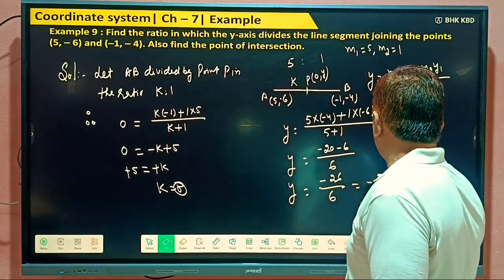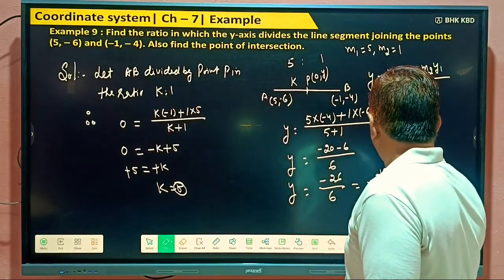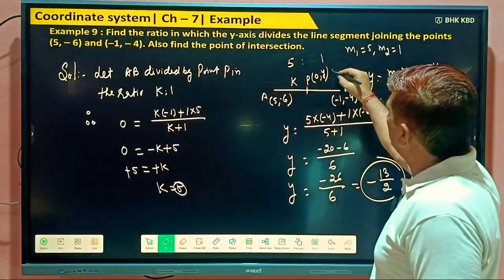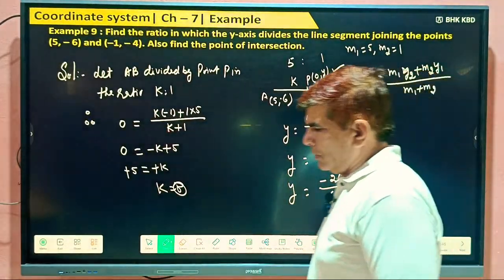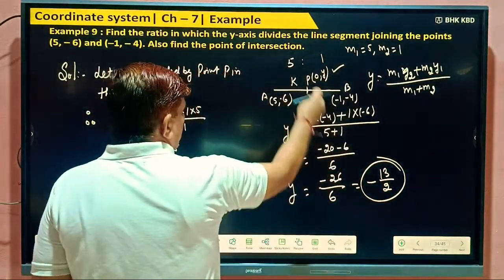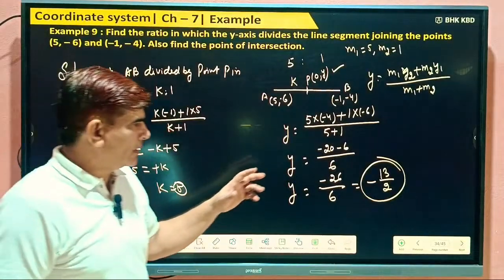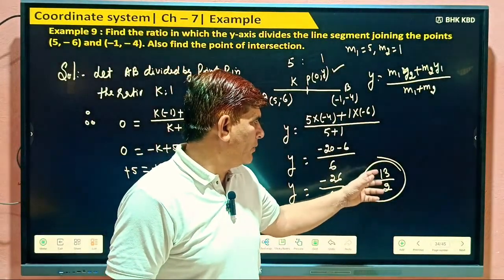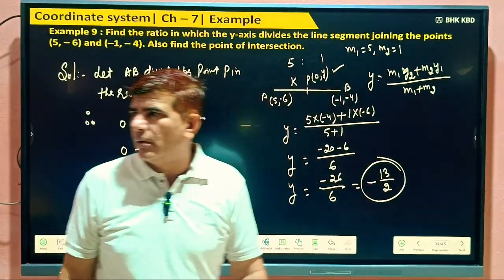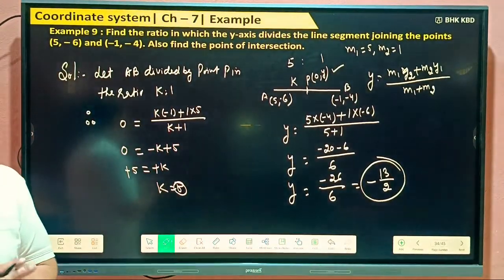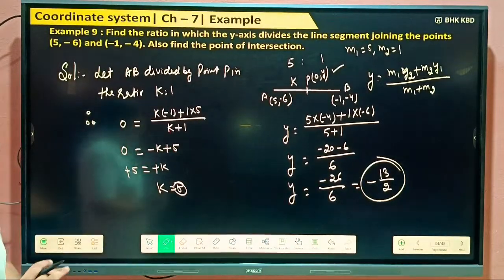If you convert this, minus 13 by 2. So what's the value of y? Minus 13 by 2. Understood? This point divides it in the ratio 5 to 1, and the value of y is minus 13 by 2. Got it? Next example.